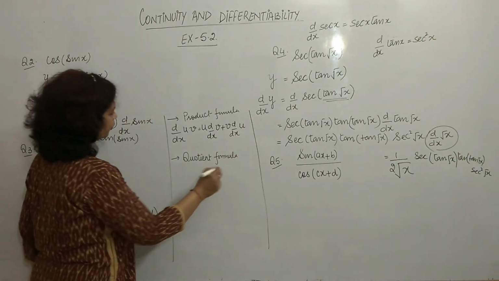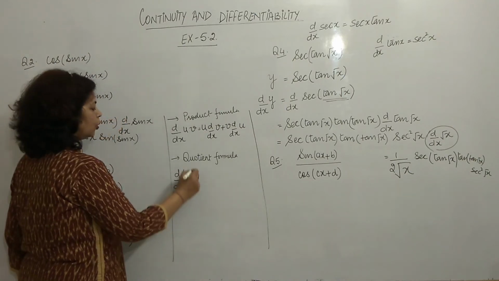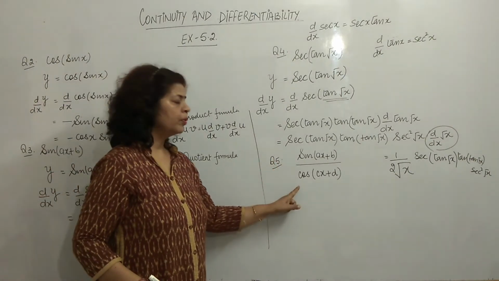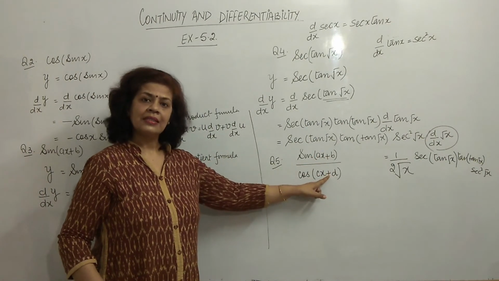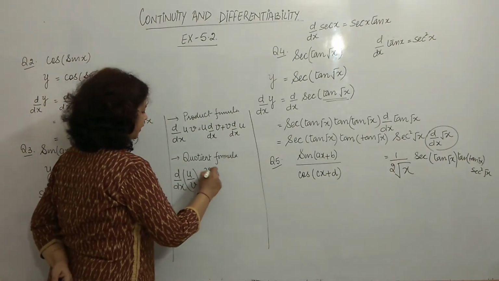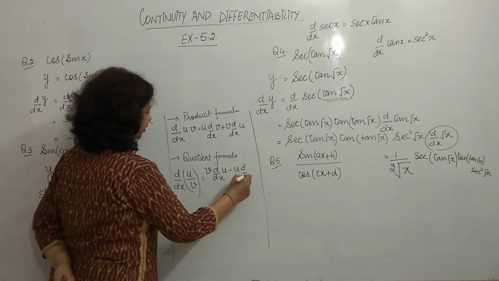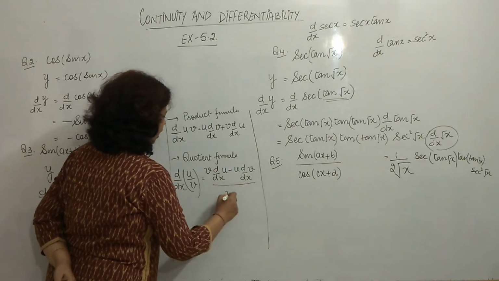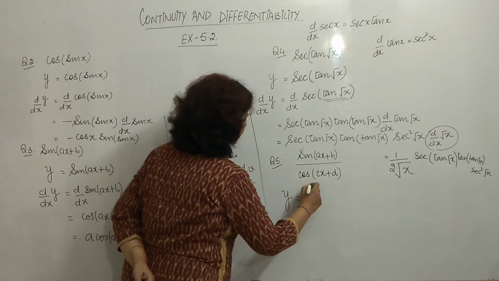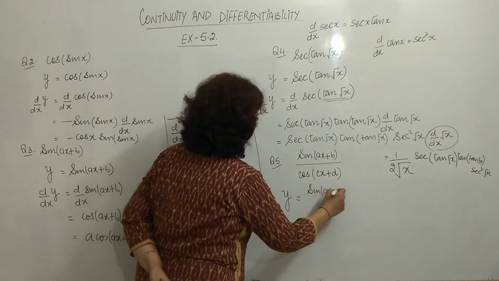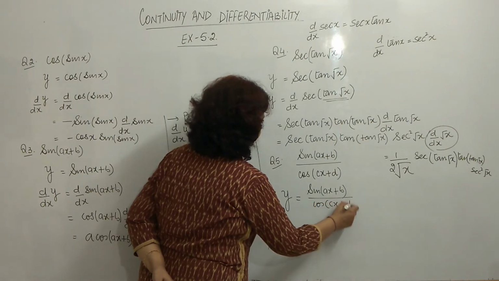which we already know from class 11th, d by dx of u upon v. Look carefully, this is of the form u upon v. u is sin ax plus b and v is cos cx plus d, and it was v into the derivative of u minus u into the derivative of v upon v square. So consider y is equal to sin ax plus b upon cos cx plus d.